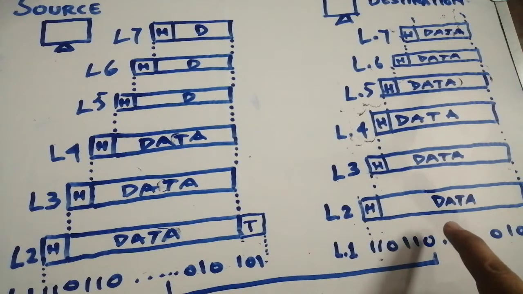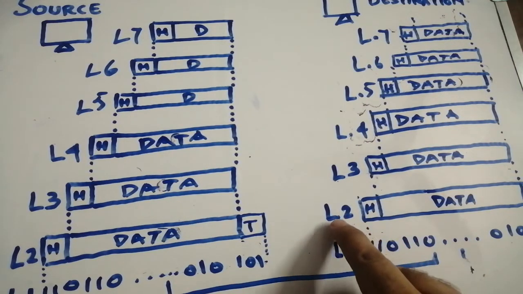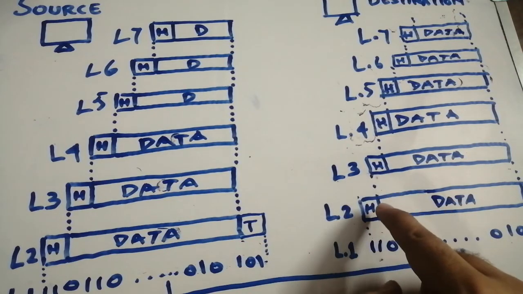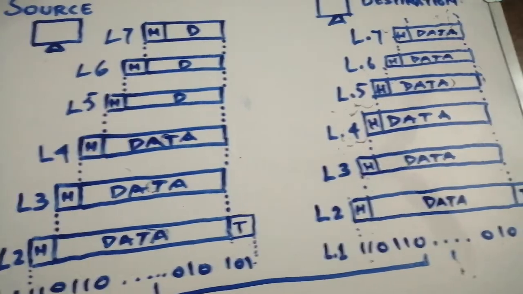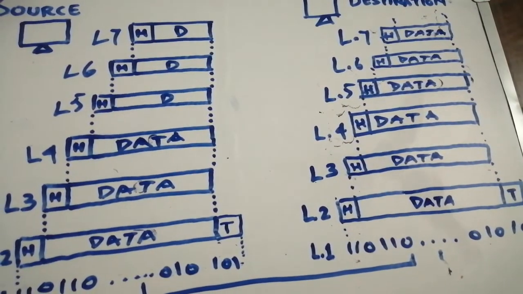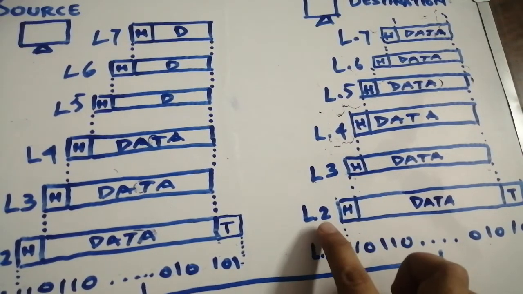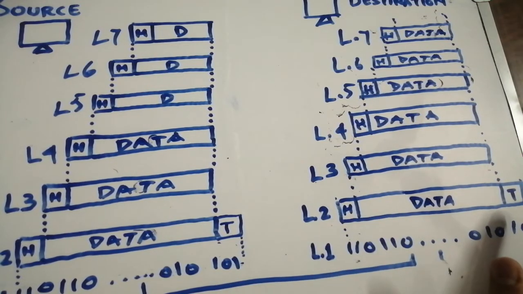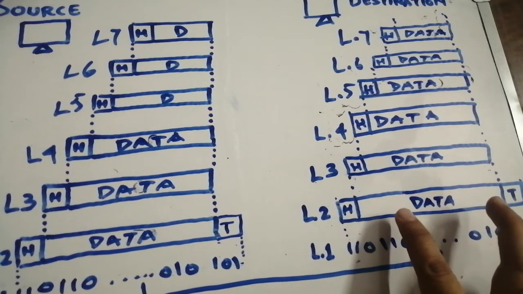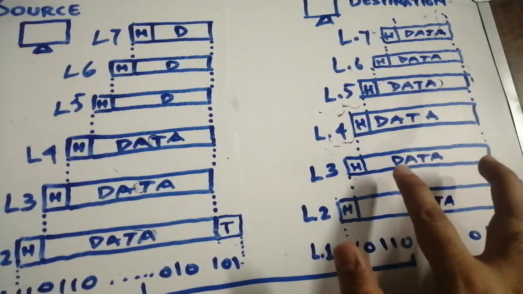At destination, as you can see, each layer is removing its header and trailer information. Let me put it over here. Layer 2 has removed its header and trailer, and the remaining data will be handed over to layer number 3.